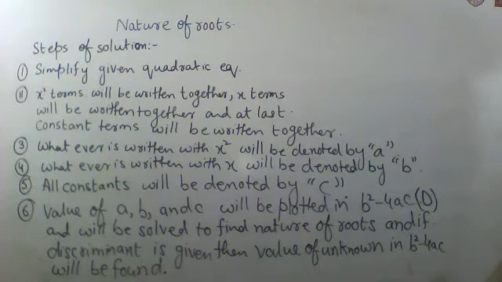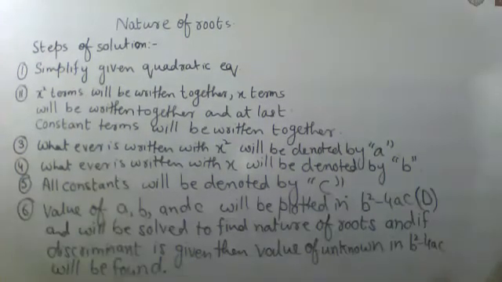These are the steps which we are going to follow when we are going to talk about using discriminant. These are the steps which we are going to use to solve our question.